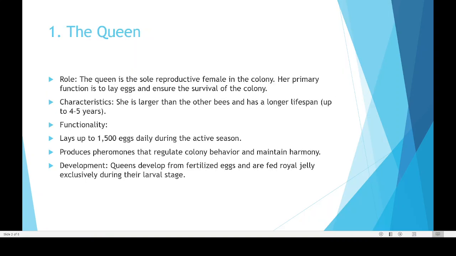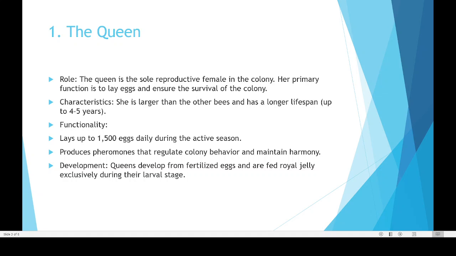Here you can see that queen is the sole reproductive female in the colony. Her primary function is to lay eggs and ensure the survival of the colony. And queen is normally taken very good care of by other members, the workers of the colony. She is larger and has a longer lifespan of 4 to 5 years.